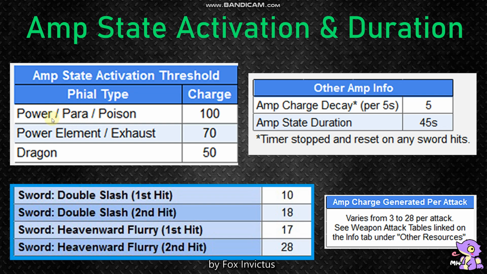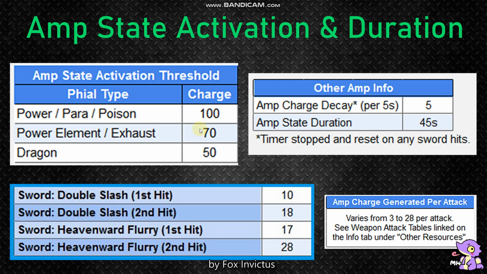Beyond that we also have the power and poison phial, and the charge value is 100. On that point I have to say 100 is pretty much for going into the M state, and it takes you several combos, and if it's hard to slash the monster often, I don't recommend power phials.